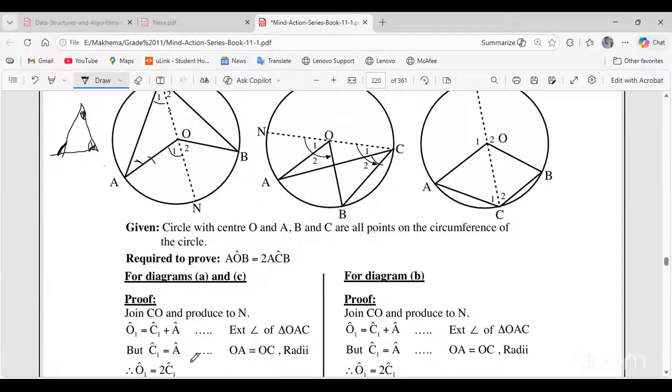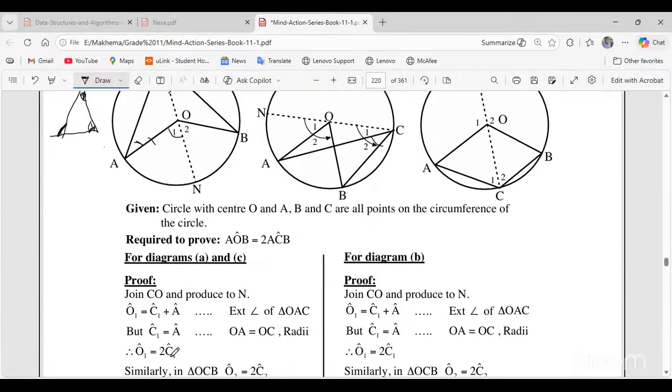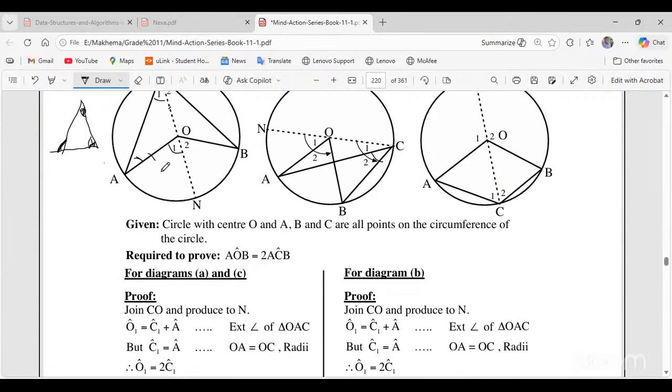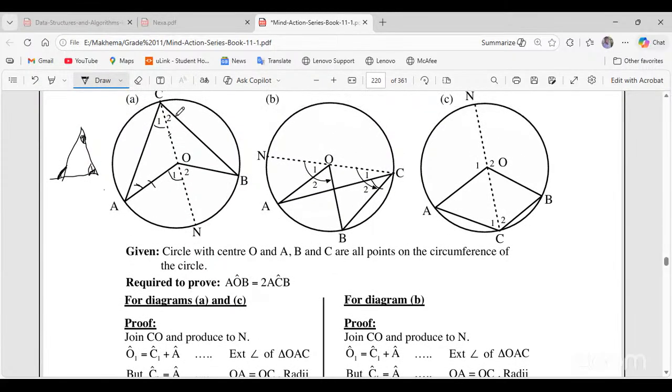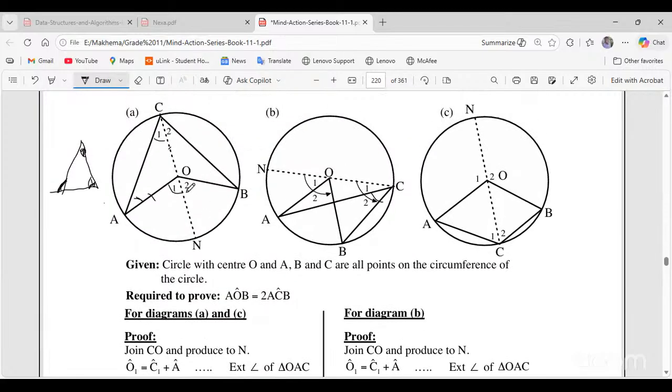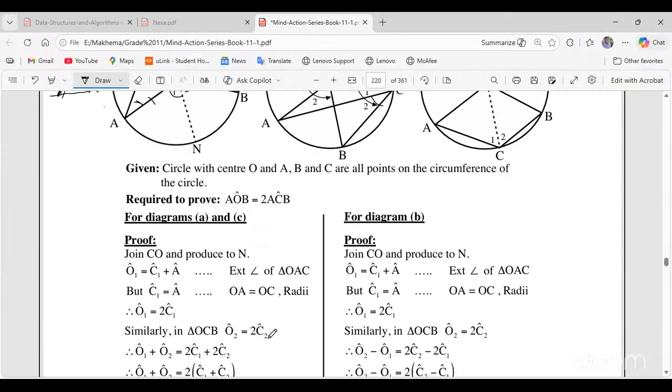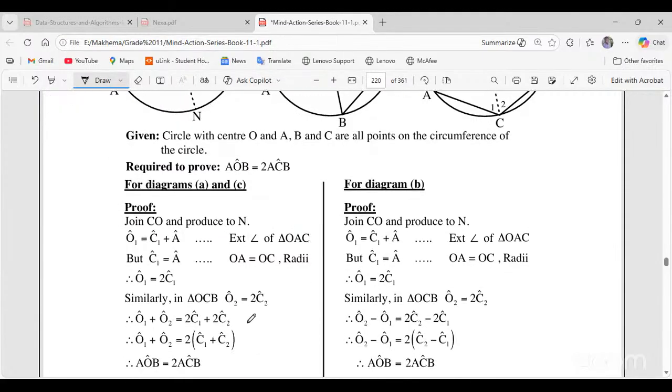The reason is that OA is equal to OC, they are radii. Then you can say O1 is equal to 2 times C1. Similarly, on this triangle, O2 is equal to C2 plus B, and C2 is equal to B. Why? Because OC is equal to OB.